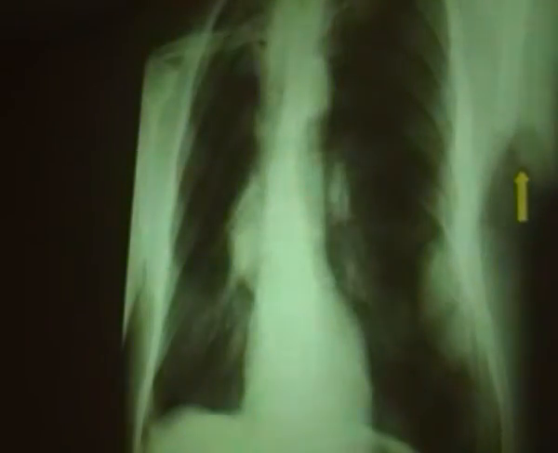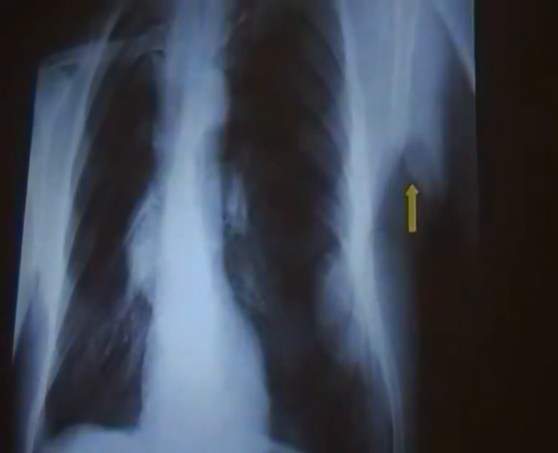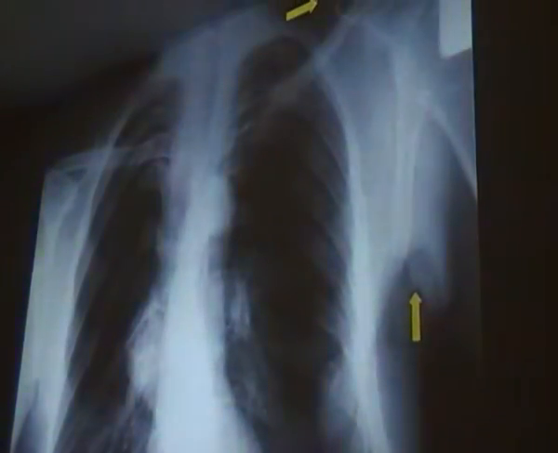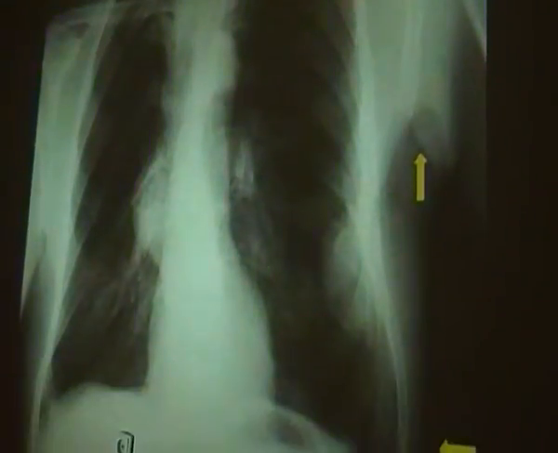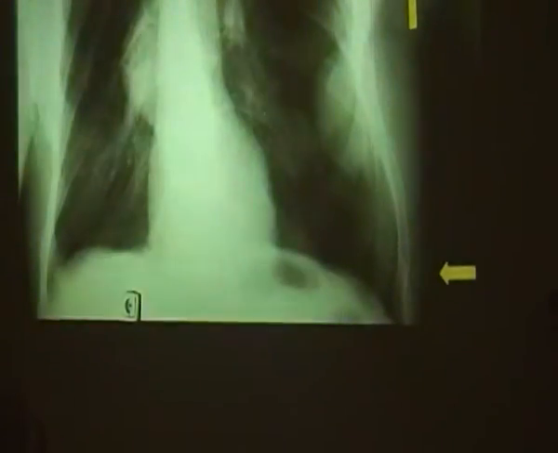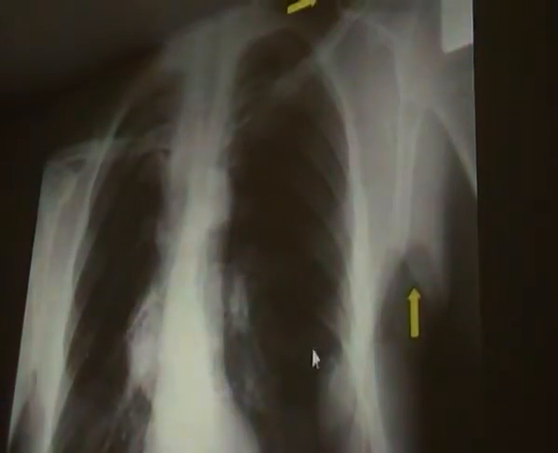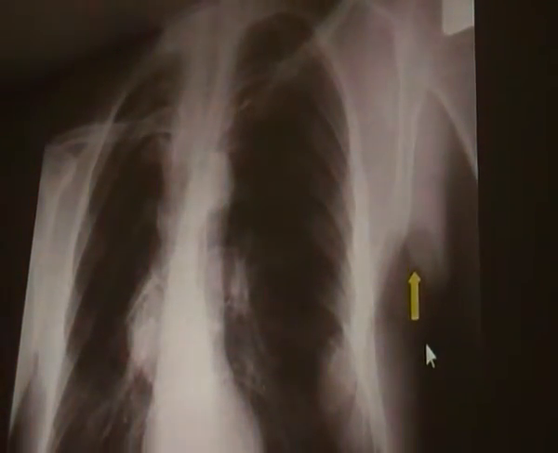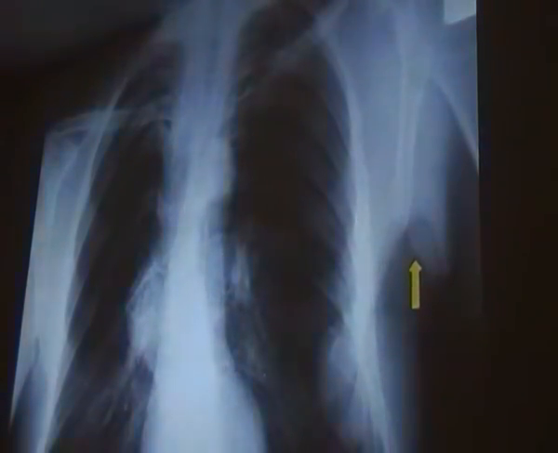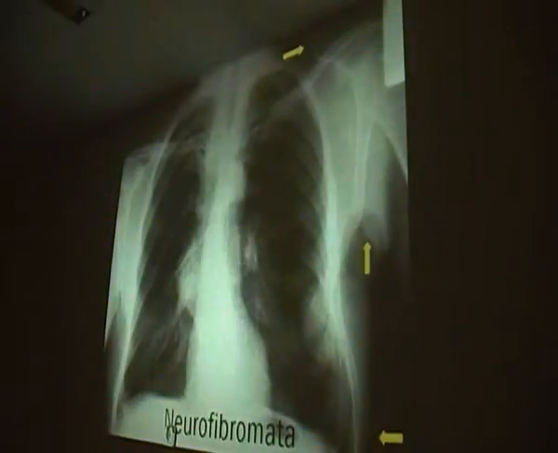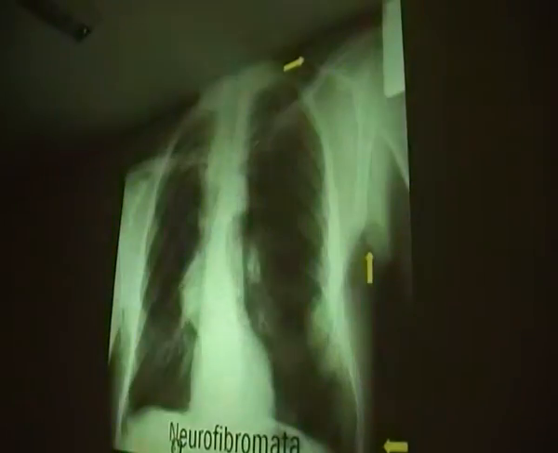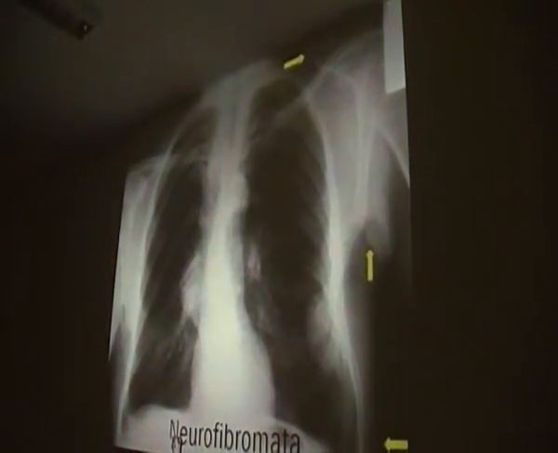Subcutaneous nodules. Yeah, so remember in X-ray we can see some things not really extrathoracic, but not inside the thorax, rather outside, in the skin. You should always remember to look for some cutaneous lesions. So what are subcutaneous nodules? This is neurofibroma or pleural neurofibromata.